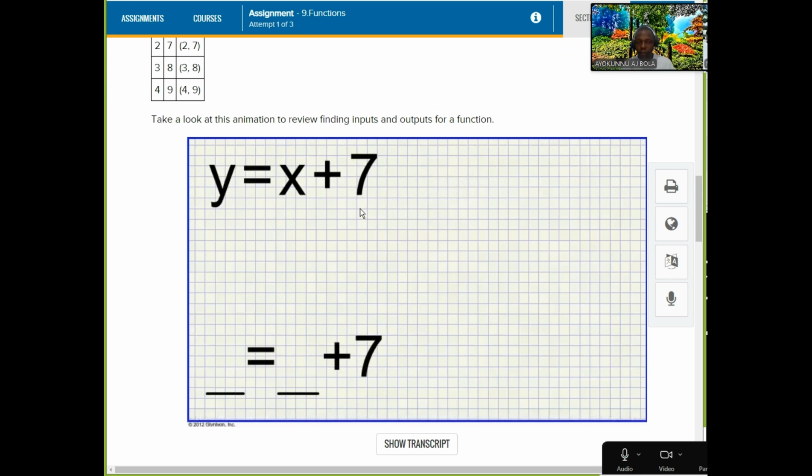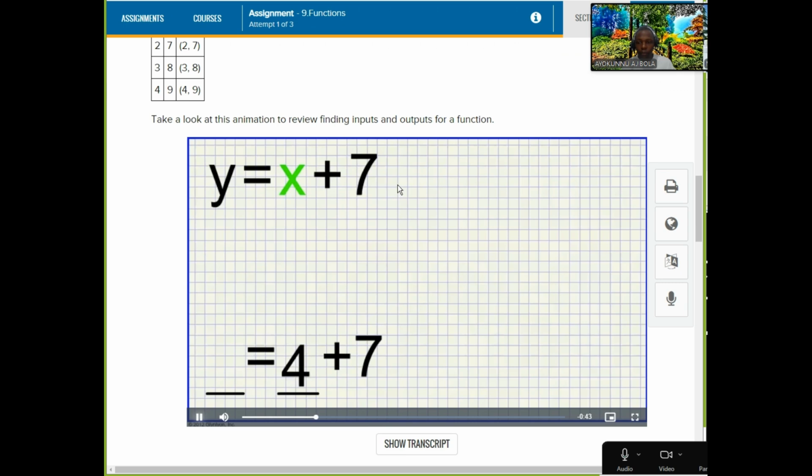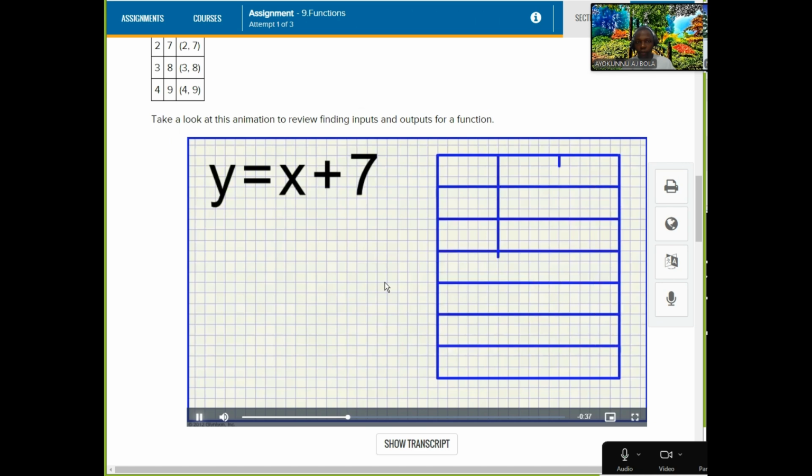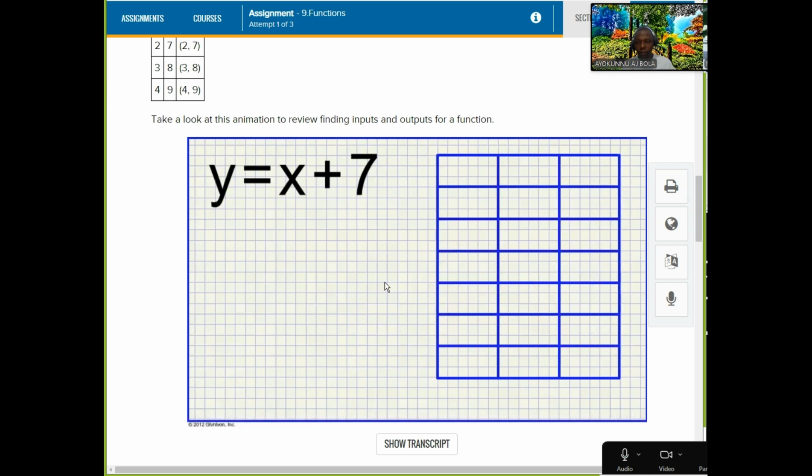To find inputs and outputs for a function, first the inputs are chosen. Any numbers can be chosen because for each x value, there will be a corresponding y value. Usually, consecutive numbers are chosen to help see if there is a pattern in the function. These inputs for x can be entered into a table.